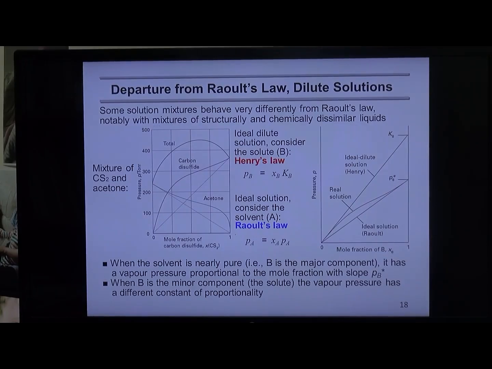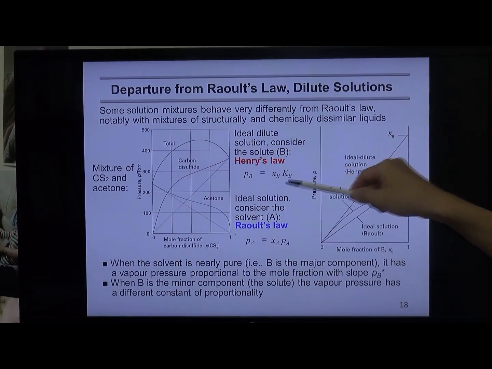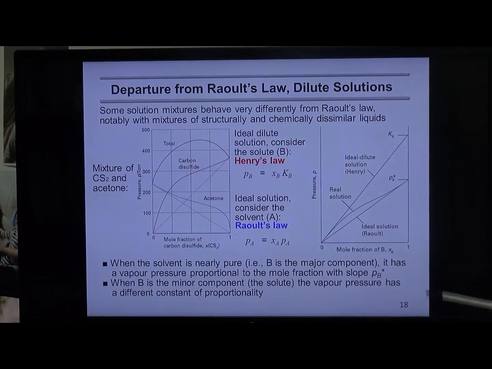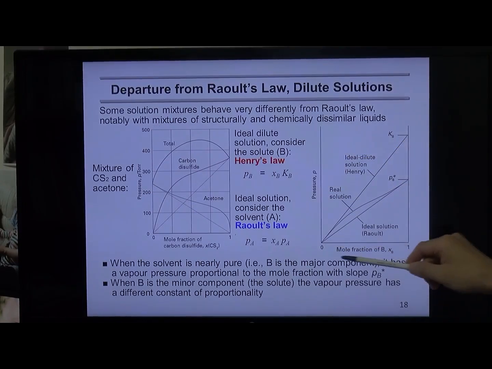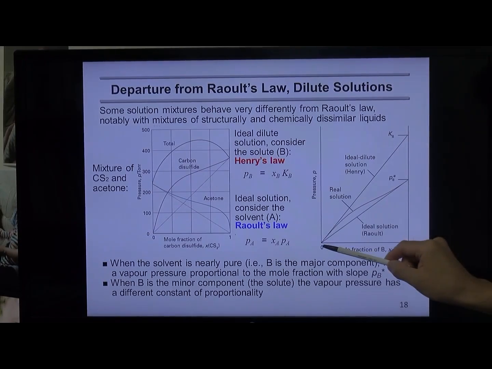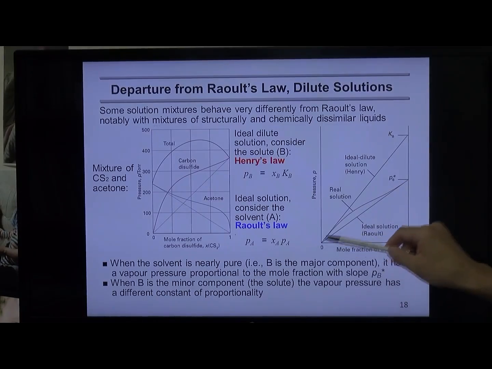So for example, in the case of an ideal dilute solution, the y-axis is the vapor pressure P, the x-axis is the mole fraction of B, the solute. At low concentration, when xb is near zero, this purple line is the real data.